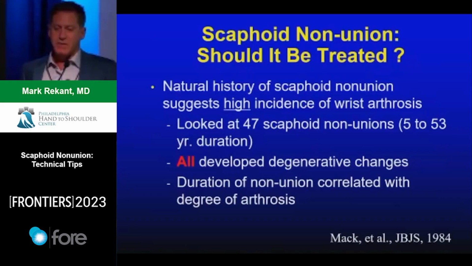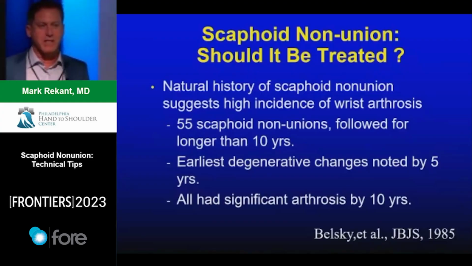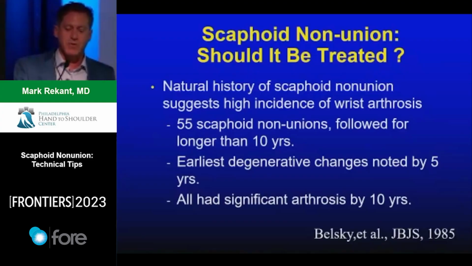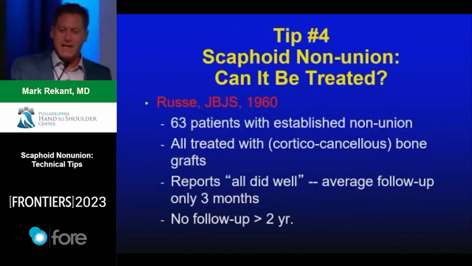And then we've, again, reiterated that this will have a high incidence of wrist arthrosis, and this was looked at in this paper. Really don't know necessarily the timing of this. It could be 2 years, 5 years, or longer. Here's another paper, again, demonstrating that left untreated, these injuries will lead to problems with the wrist. And again, they'll eventually lead to this SNAC presentation, busy slide, and we'll skip past that.